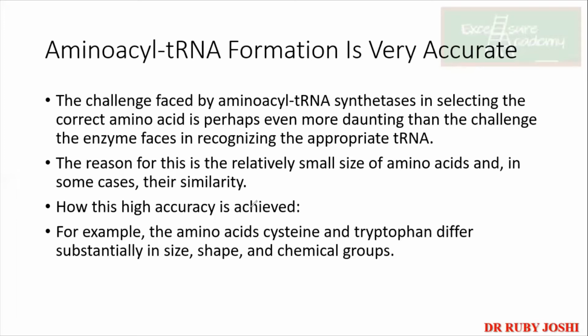What we are discussing right now is how the tRNA synthetase, the enzyme, is able to differentiate between the amino acids when they have this similarity. For example, if you have seen the structure of phenylalanine and tyrosine, what is the difference in their side chain groups?